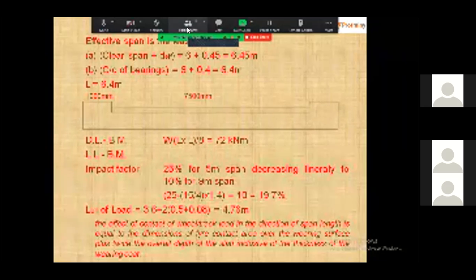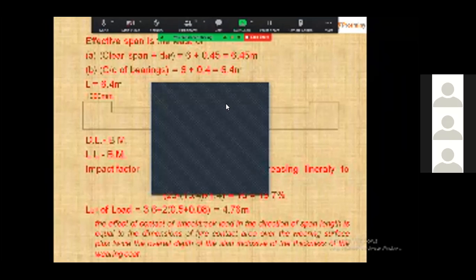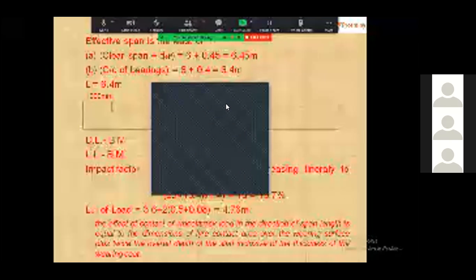Voice is clear, but the problem is with the slide visibility.